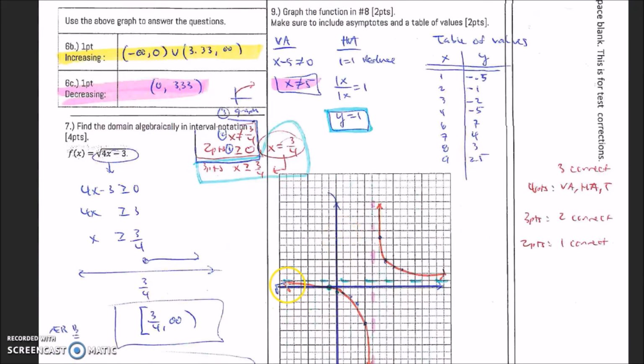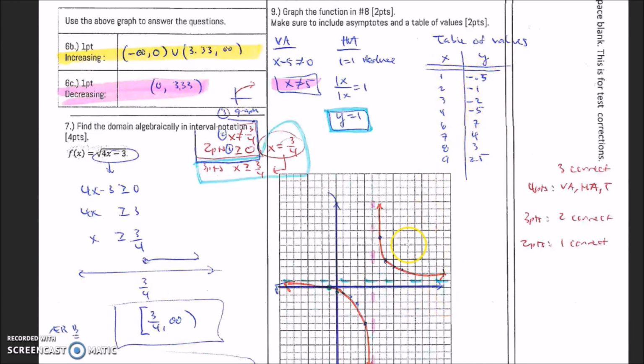And I put that on my graph here in the blue, and my vertical asymptote here in the pink. To create my table of values, I'm picking numbers to the left of, sorry, positive 5. So 1, 2, 3, 4, kind of leading up to that here. And then I'm picking values that are higher than 5, 6, 7, 8, 9, and writing those values down.